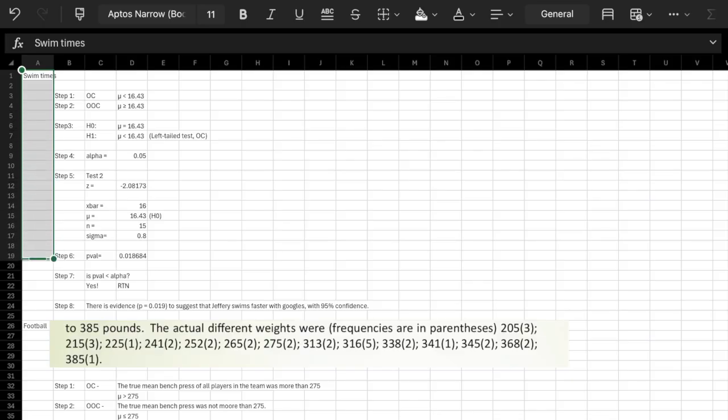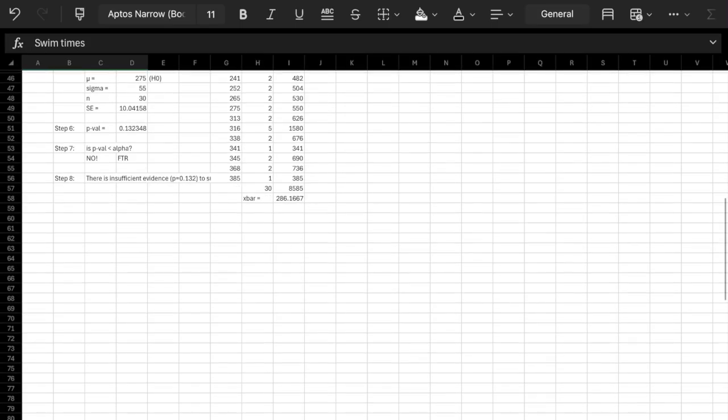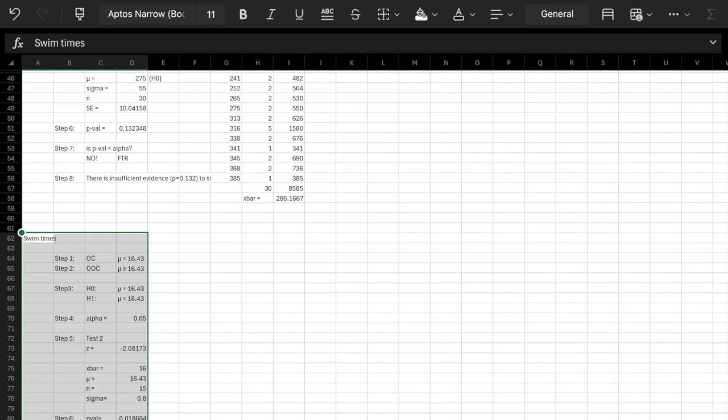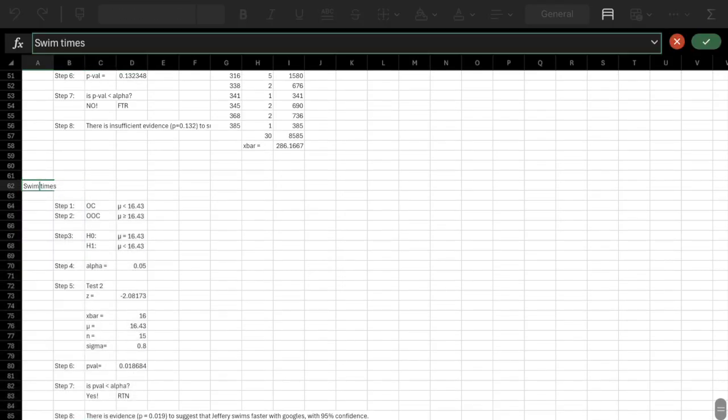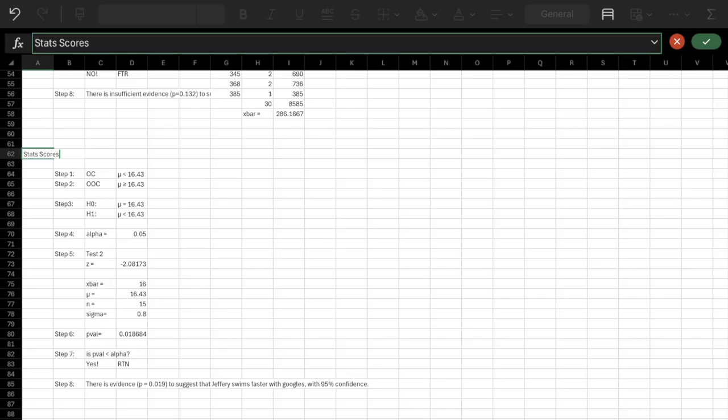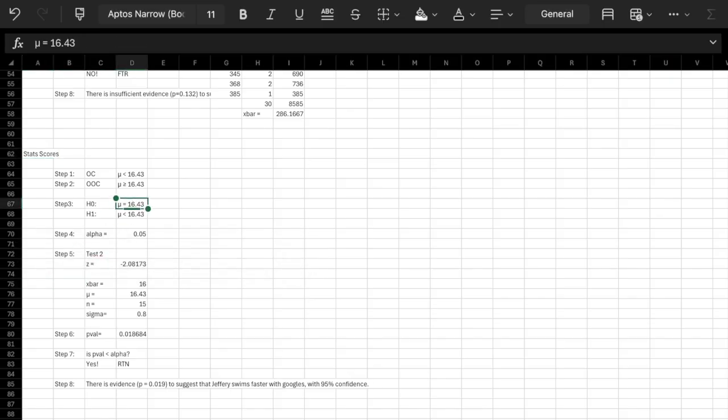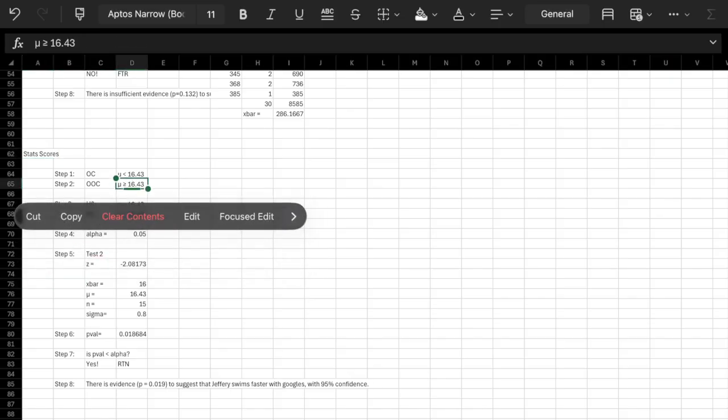Hold down Shift, move your arrows, Command C. Let's go below football. Let's go right here. Command V. There it is. Okay, I'm going to call this Stats Scores. All right. Let's go ahead and update a few things now.